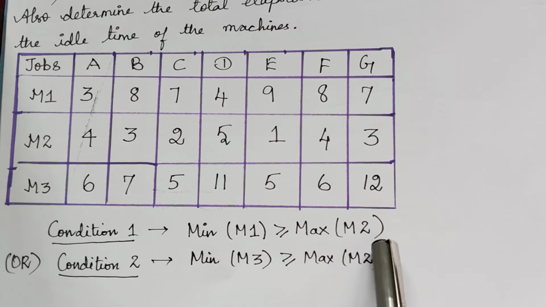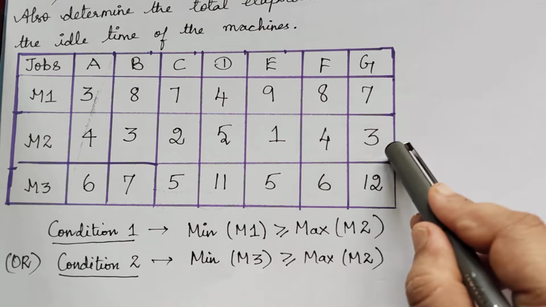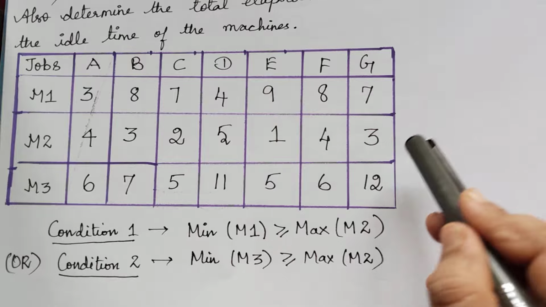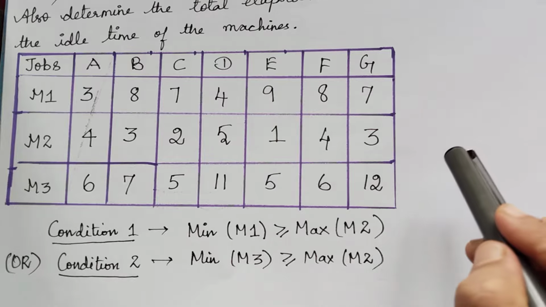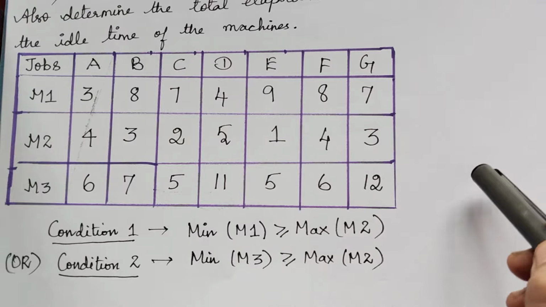If this condition is not satisfied, then the next condition has to be satisfied. That is, minimum of M3 should be greater than or equal to maximum of M2. So if any one of these two conditions is satisfied, then we can convert this problem into a two machine problem and we can easily find the job sequence.